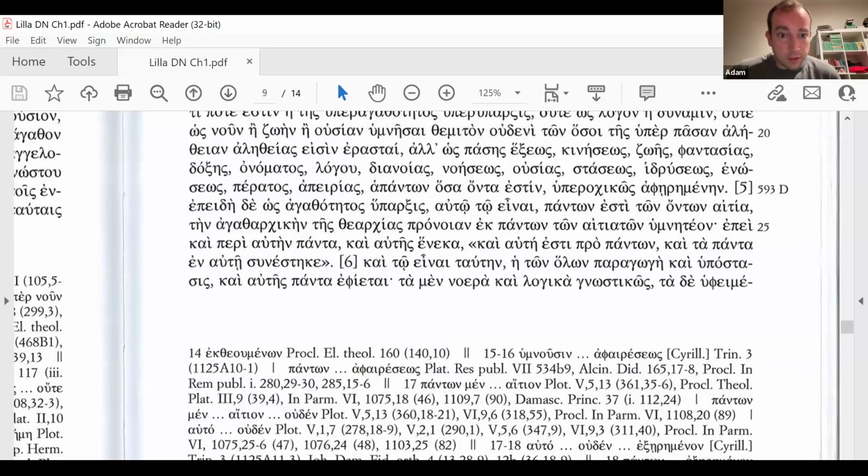Since, as it is the existence of goodness, existing for itself, by existing for itself. Well, this is a technical expression, which perhaps needs to be rendered as by its very existence, by its very being.